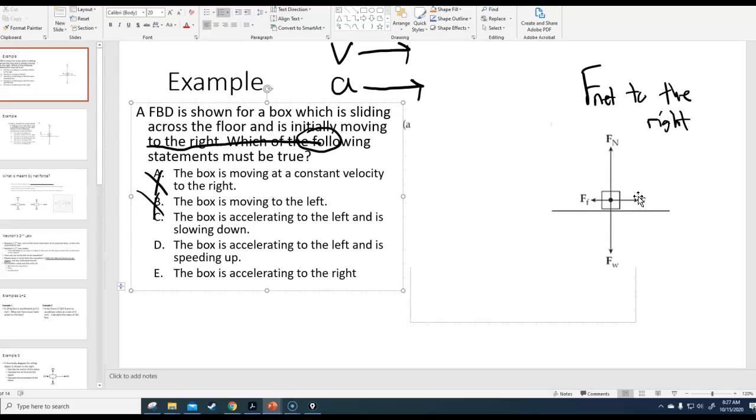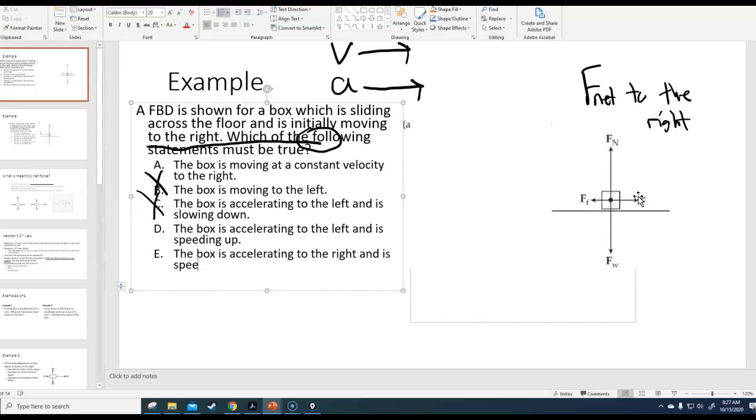Now, is it speeding up or slowing down? We talked about this before. If it's moving to the right and it's accelerating to the right, that means it is going to speed up. So the correct answer should actually be the box is accelerating to the right and is speeding up. Pause there if you need to look at that.